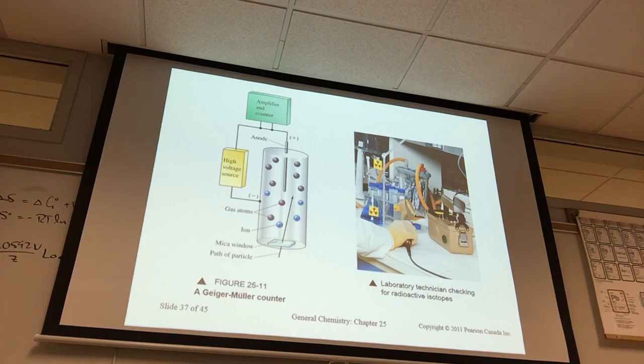Like gamma, alpha, and beta, and positron, everything? No. Alpha particles don't make it in there because they're going to be blocked by the mica window. Also, even paper shields it. For alpha, you need a special detector. And so this is good at detecting beta and gamma.